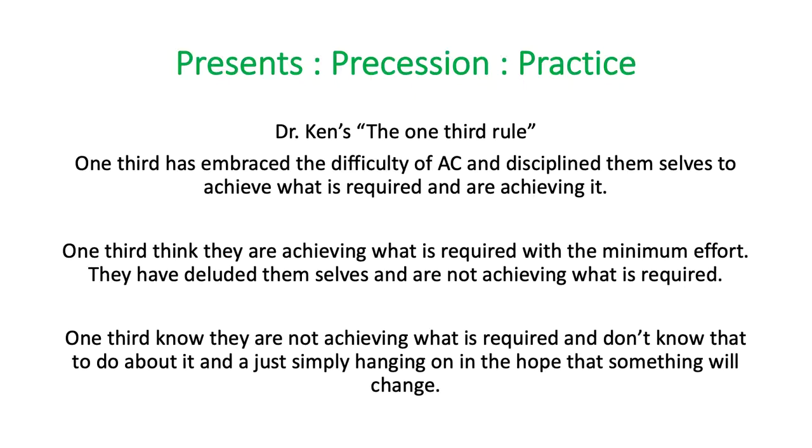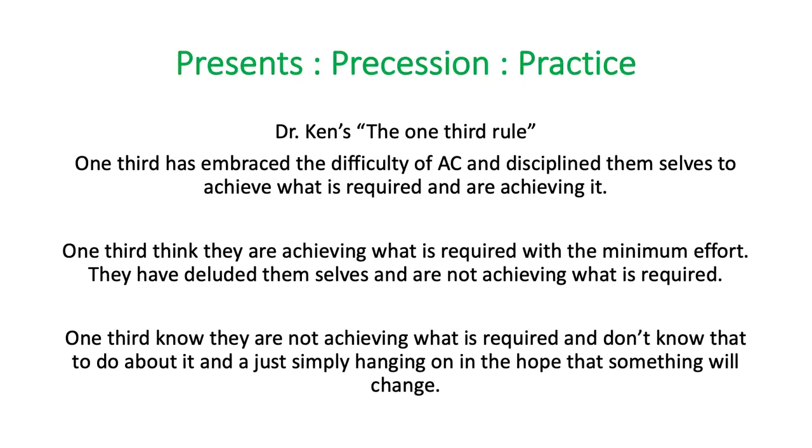The next third think they're achieving what is required with a minimum effort. They have deluded themselves and are not achieving what is actually required. It just superficially appears that way. Then I have 1/3 that know they're not achieving what is required, but they don't know what to do about it, are just simply hanging on by the skin of their teeth, hoping that something is going to change.